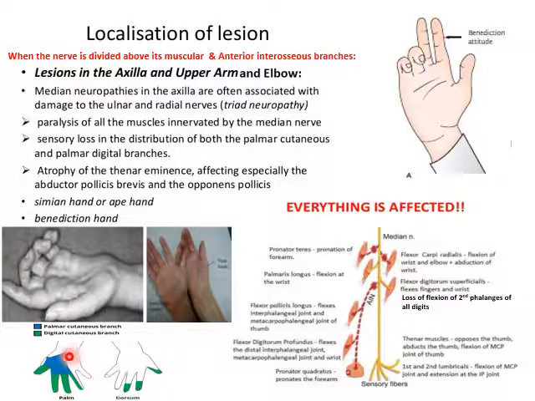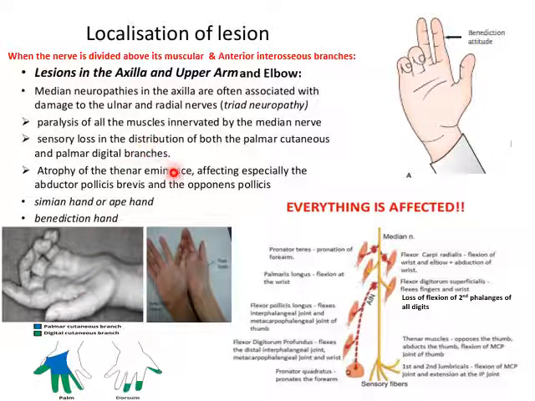The sensation of the lateral 3.5 digits on the palmar side and the dorsal cutaneous innervation of the lateral 3.5 digits till the middle phalanx of the index and middle finger is lost, and only the terminal phalanx on the dorsal side of the thumb is lost. So there is flattening that is seen in the pulp area of the thumb, index and the middle fingers as well.